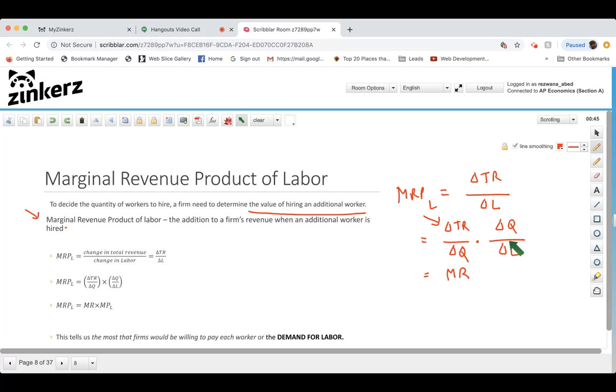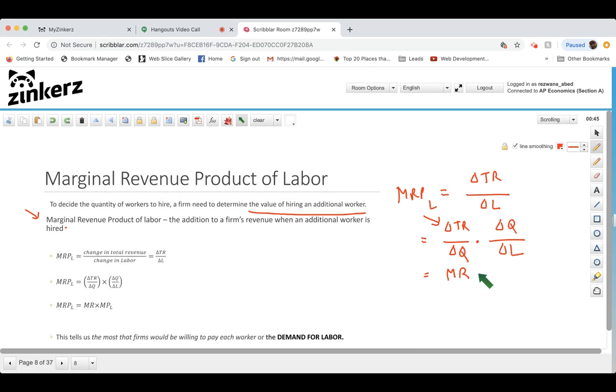Then this portion right here, the change in quantity divided by the change in labor, is basically telling us: if I hire an additional worker, L, how does that change my total output? What is the additional output that is produced by hiring one more worker?